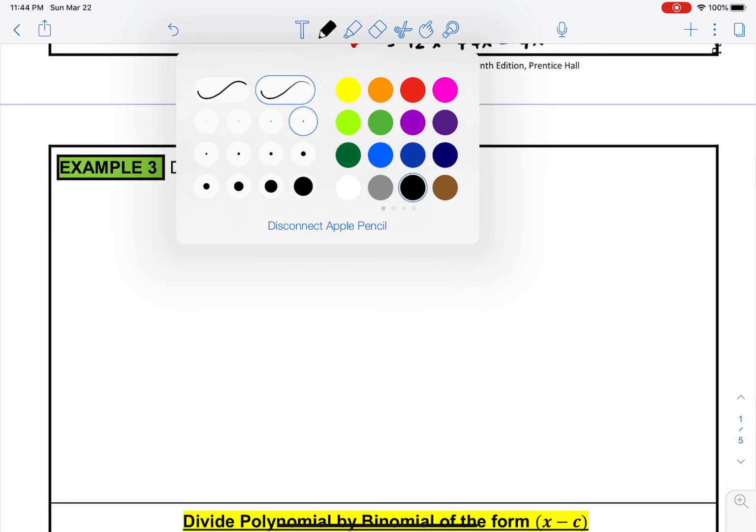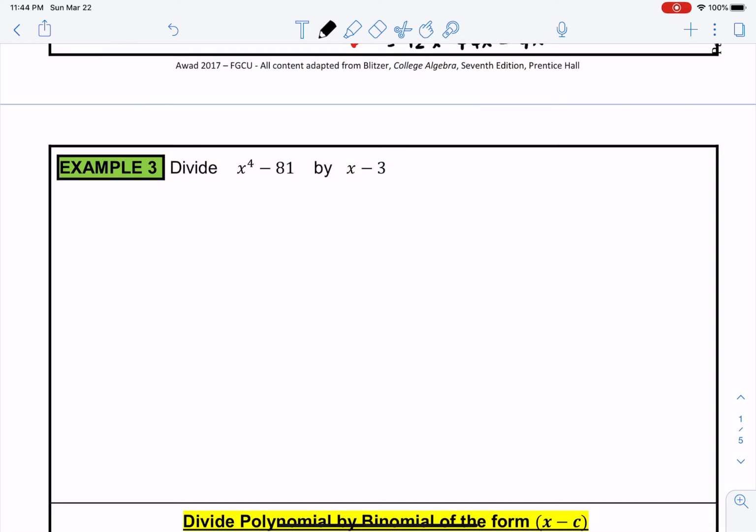So now we have to divide x raised to 4 minus 81 by x minus 3. I always recommend that if we are skipping multiple terms, in the sense, if you look at x raised to 4 minus 81, it doesn't look like a typical polynomial function where we have x raised to 4, then x cubed, then x squared, then x, and finally the constant.